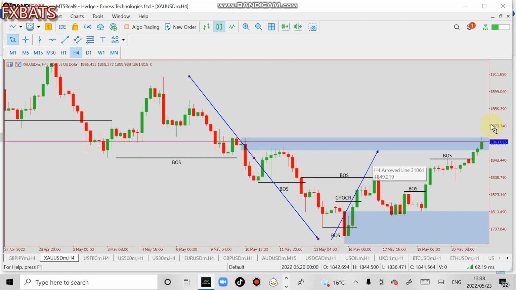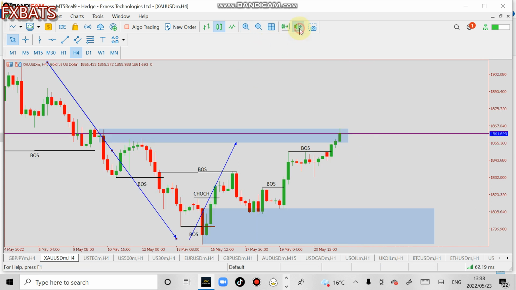So basically, as you can see here, we have gold. Gold is right at the order block, which we can take as our supply. So the market is likely to continue the drop. This is an impulsive move.